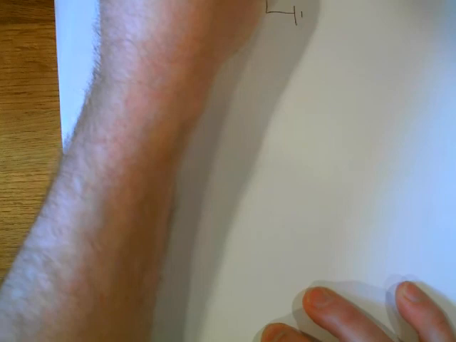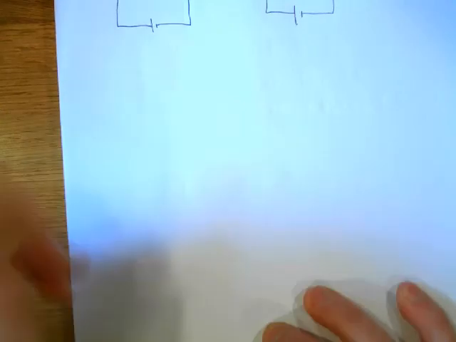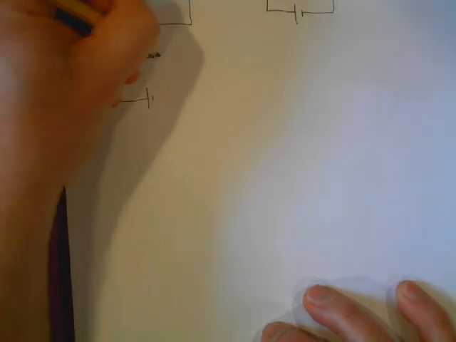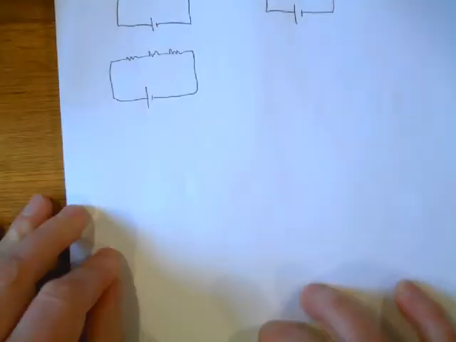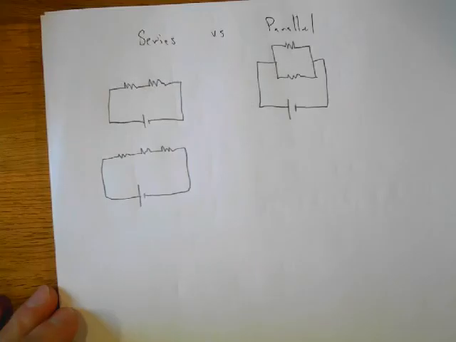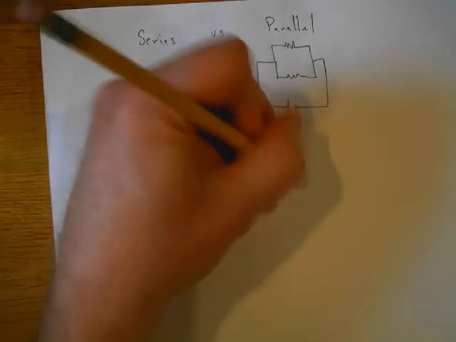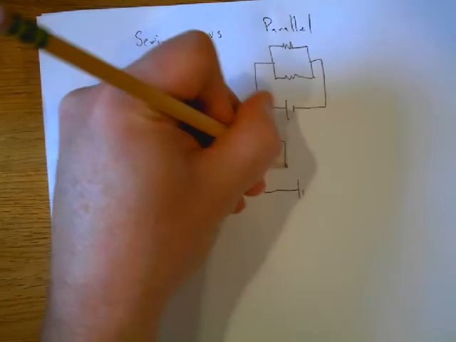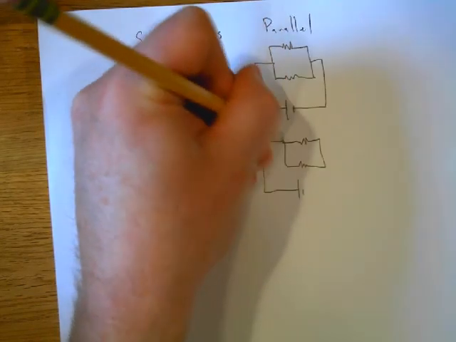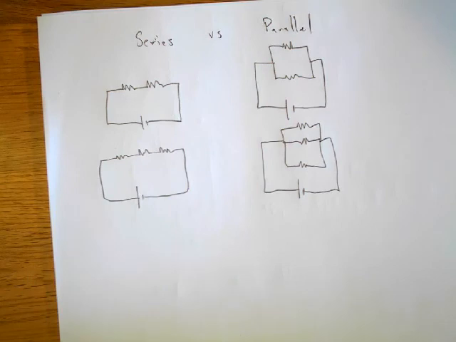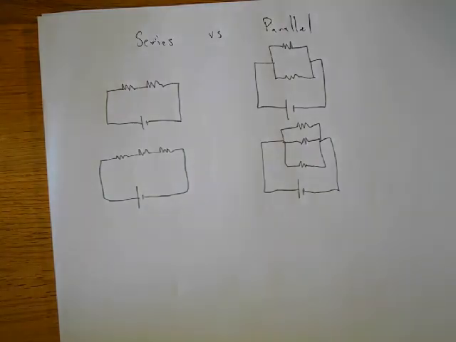So if I have a series circuit that looks something like this, and I have a parallel circuit that looks something like this, let's say I add another resistor in series. Here's what I absolutely don't want you to do. I don't want you to try to memorize all this stuff. I want you to understand the basic rules and apply them. So let's say I had another resistor in parallel.